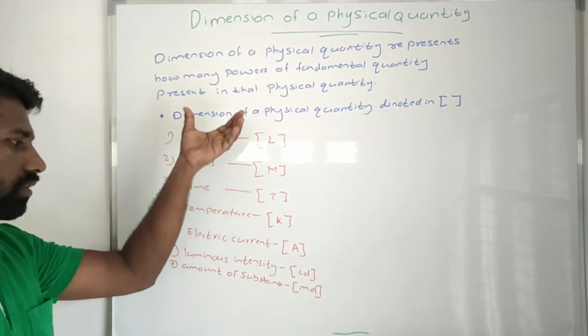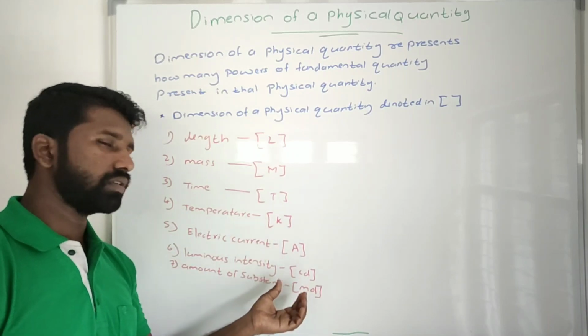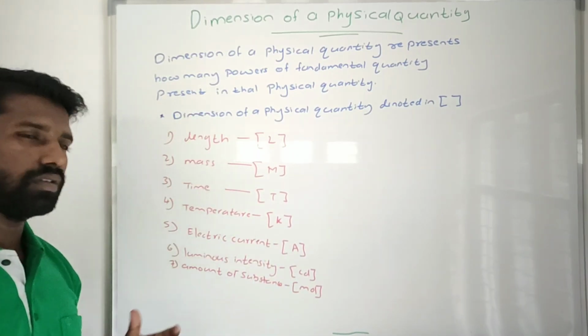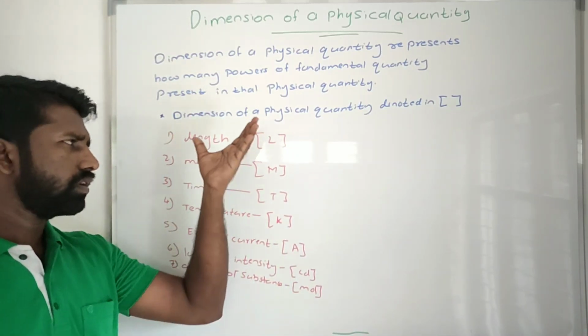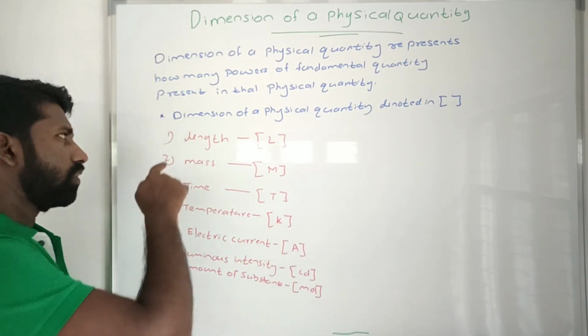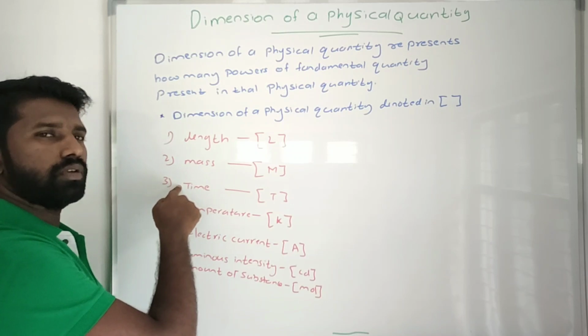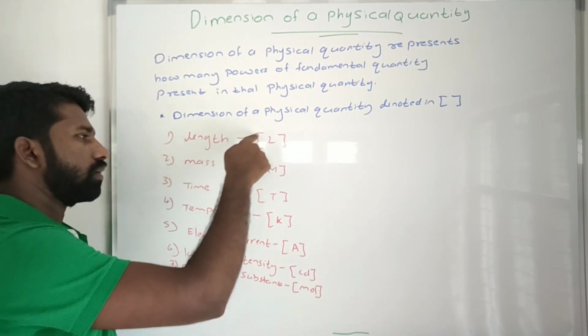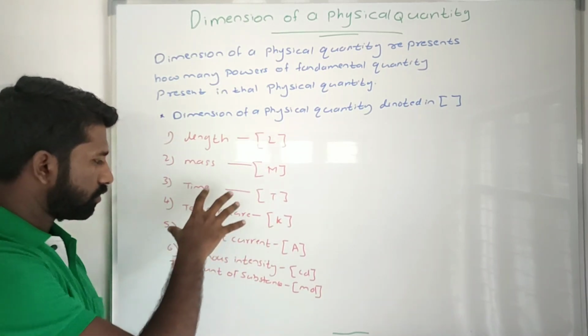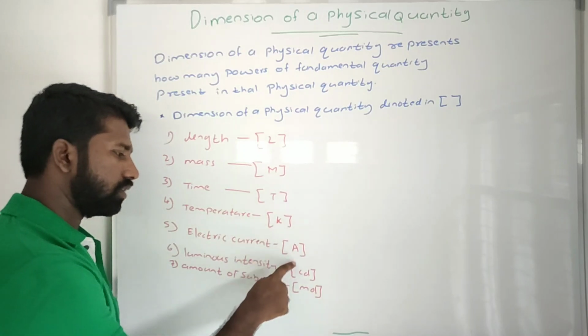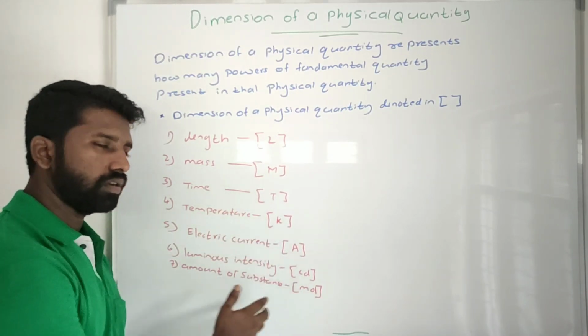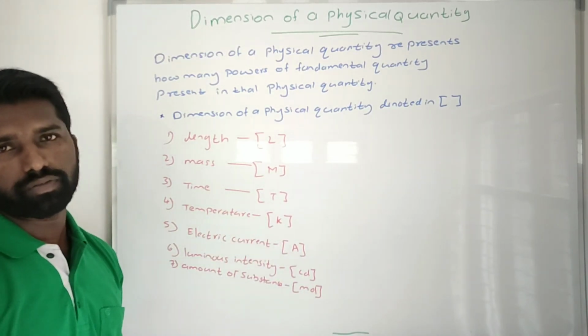These 7 symbols are assigned for each fundamental quantity. You can easily remember this. Look at the first 3 quantities: length, mass, time. The symbol is the first letter in capital. For the next 4 quantities, the symbols are the units themselves.